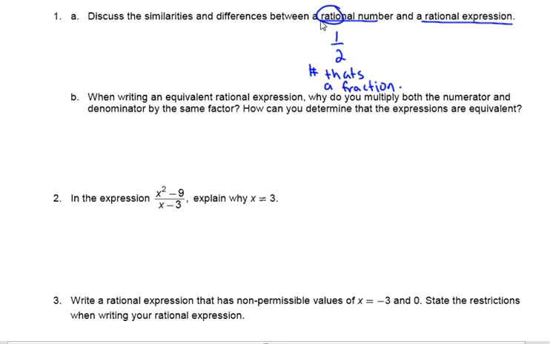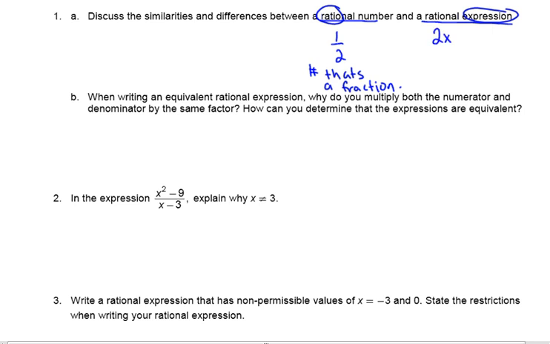So what would then be a rational expression? What's an expression? What are we using when we have an expression? Oh yeah, you need one of these. Okay, so when it's an expression, Spencer, it means that we have variables.